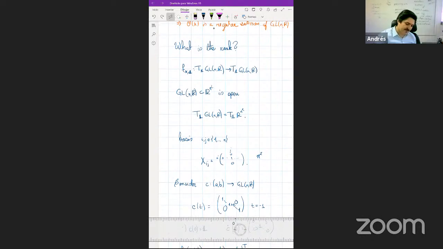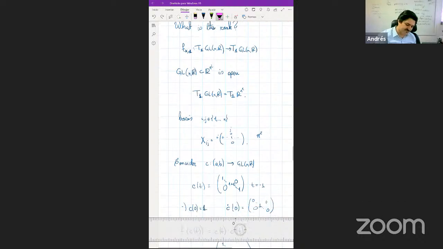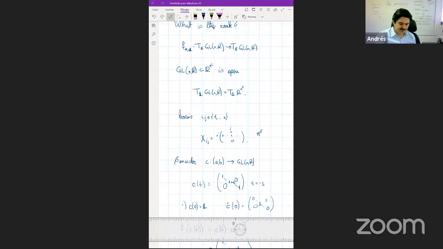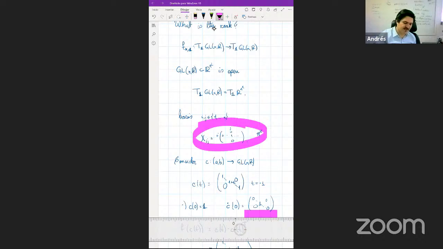Okay, so let's consider this function here. I'm going to consider this vector of the basis. It has a 1 somewhere in the diagonal. So this is one of these vectors.